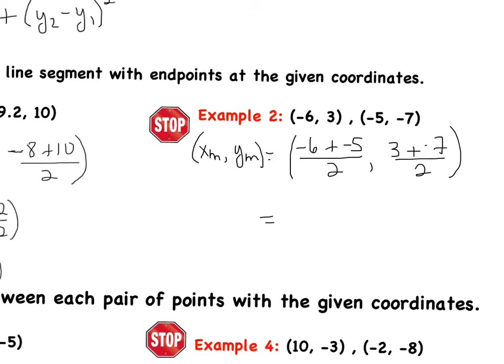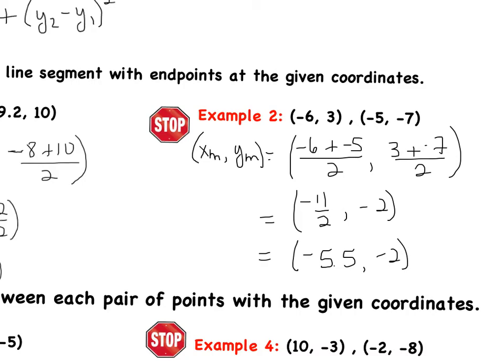When we calculate this out, we can either write this as a fraction, negative 11 over 2, comma, negative 2, or as a decimal, negative 5.5, comma, negative 2. Hopefully you got that answer. Let's move on to finding the distance.